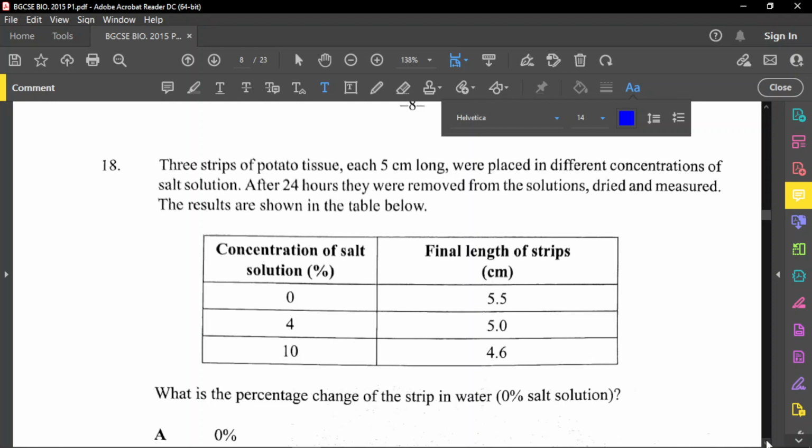The results are shown below. All right, so quickly, if you start at 5 centimeters, then first you need to note that the 0% salt solution, we have an increase in length. And please don't say that potato strips grow, all right? Because they're not growing, they're actually expanding.